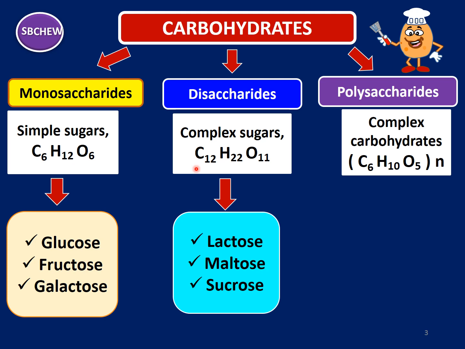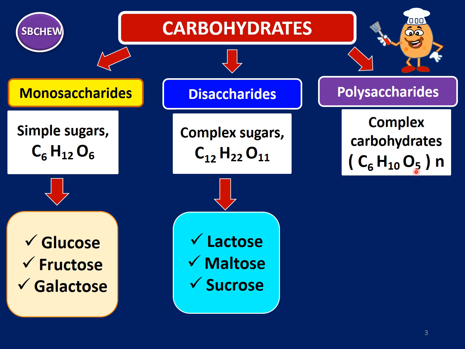Polysaccharides, the word poly means many. So they are made up of many units of monosaccharides that are joined together through the process of condensation. Polysaccharides are called complex carbohydrates, and they have the general formula (C6H10O5)n. That means this unit of C6H10O5 is repeated over and over again, and these units are all joined together, and the number of these units is n, which can be more than 100.